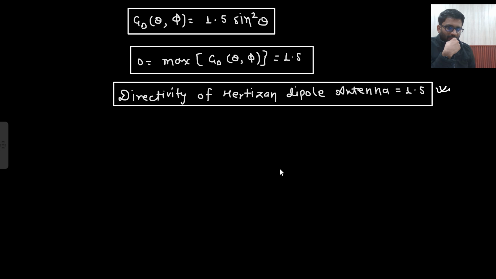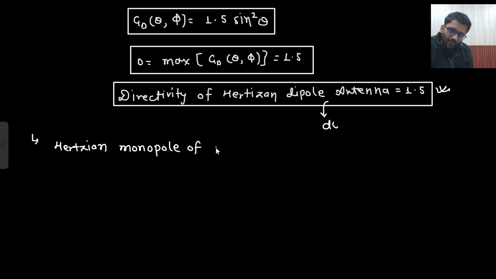Now we need to derive it for this. We derived for length dl. Now Hertzian monopole of dl by 2. Hertzian monopole of dl by 2 is equivalent to Hertzian dipole of dl, right? Because whenever monopole is given, what do we do? We double the length.